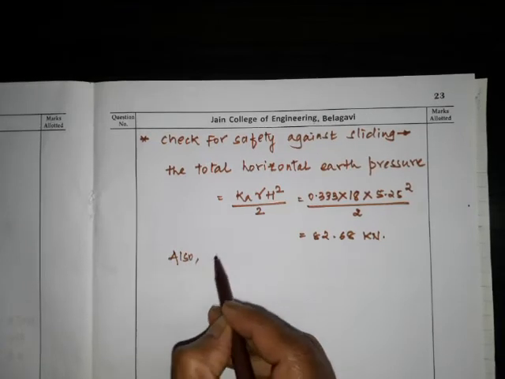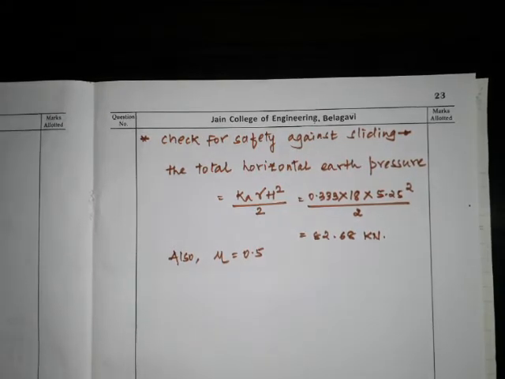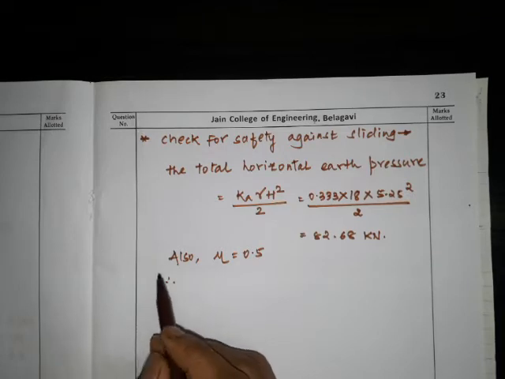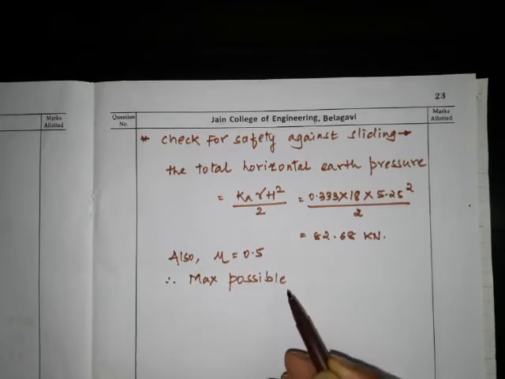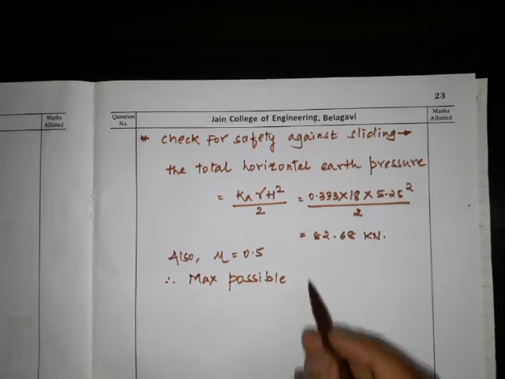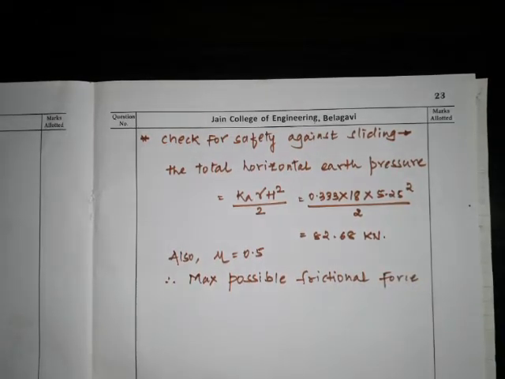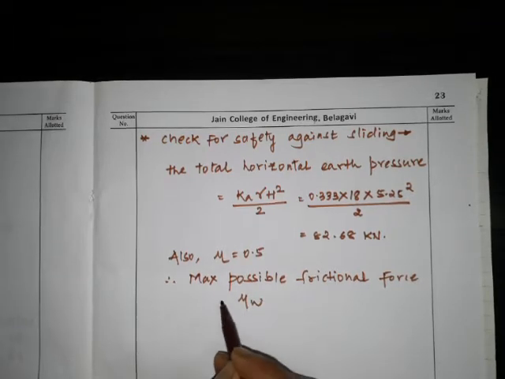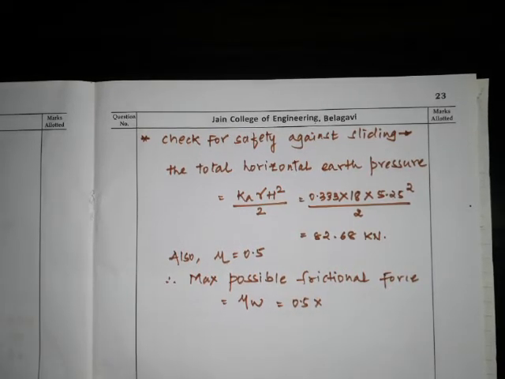Also the value of mu is given as 0.5. Okay, so therefore maximum possible frictional force is mu into W. So mu is 0.5 and W we will get from table number 1, that is from the stability calculation.